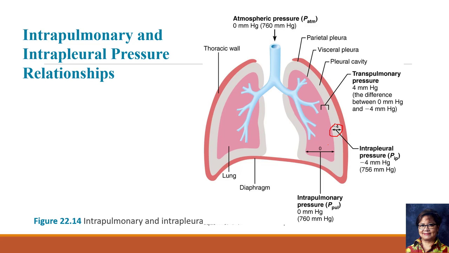That -4 is pulling this wall toward that end there, so it's keeping the wall from collapsing. It is like a sucking motion pulling it towards the parietal. That's the purpose of the -4.